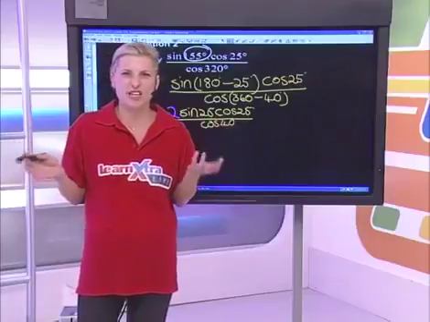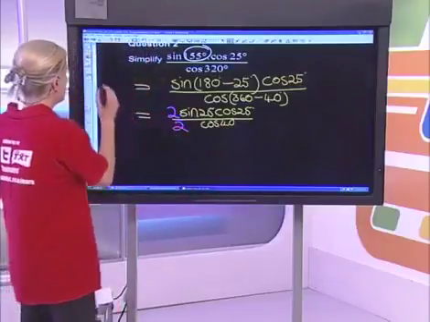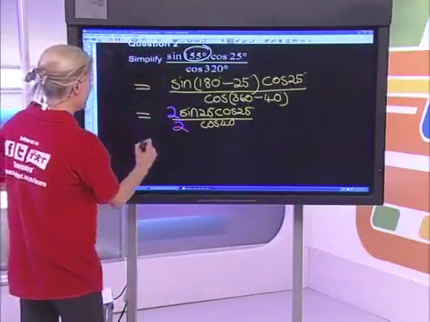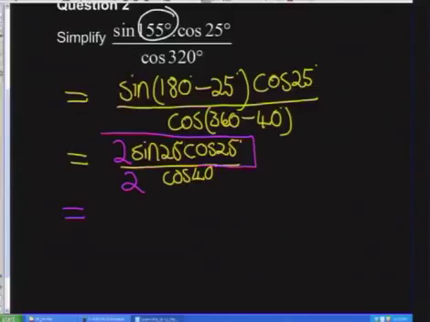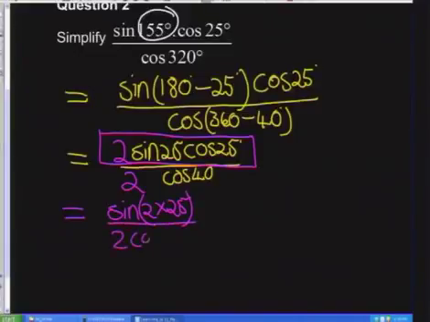And I absolutely know that I am allowed to do that. So now I can work backwards and I can say, right, 2 sine 25 cos 25 can be written as sine of 2 times 25, and that's all over 2 cos 40.